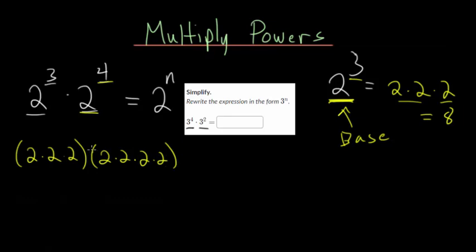And now looking at this, since this is a product, these two parentheses are multiplied together. So in essence, you can really drop the parentheses if you want. But you can count. There are 1, 2, 3, 4, 5, 6, 7 of these 2's multiplied together. And we know if we multiply 2 by itself 7 times, that we could just rewrite that as 2 to the 7th power. So in this case, n would be 7.